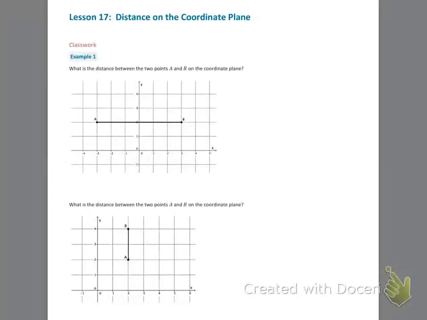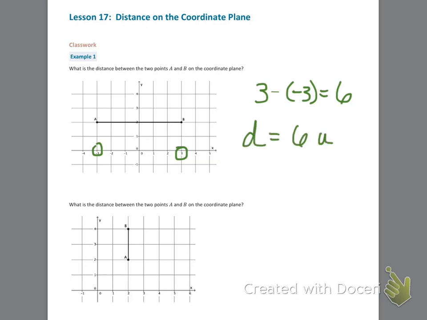Another way I could think about this problem is to say I could look at the difference in the coordinates here. I could say that the distance is 3 minus a negative 3, which I know is 3 plus 3, or 6. So the distance here is 6 units.